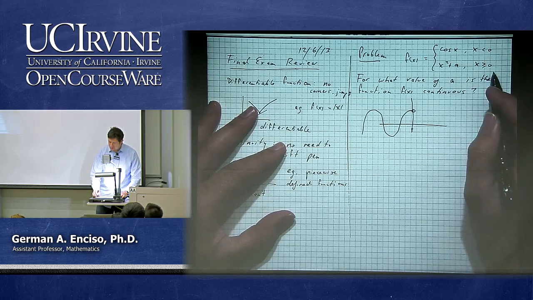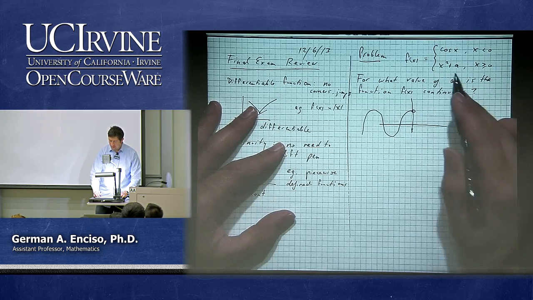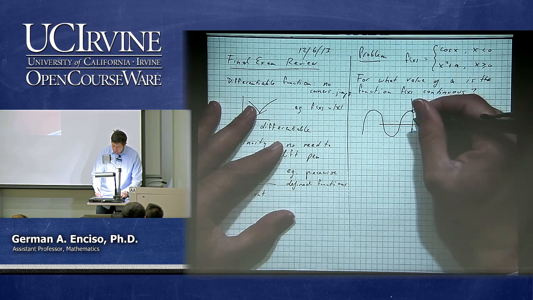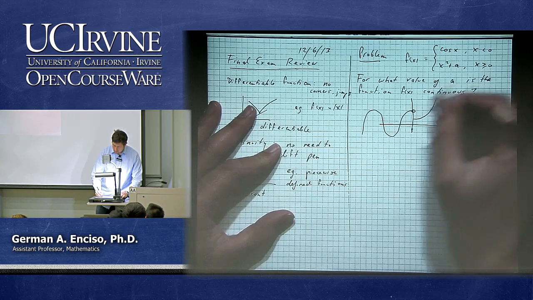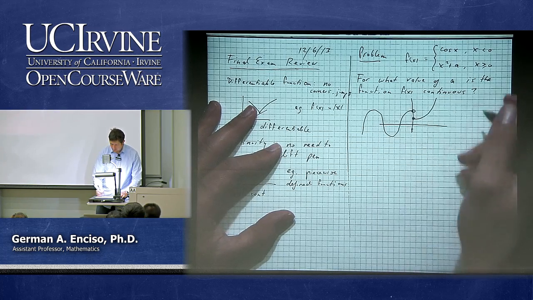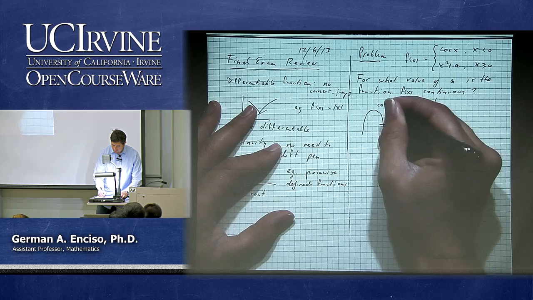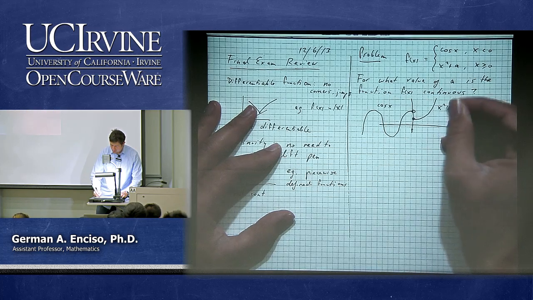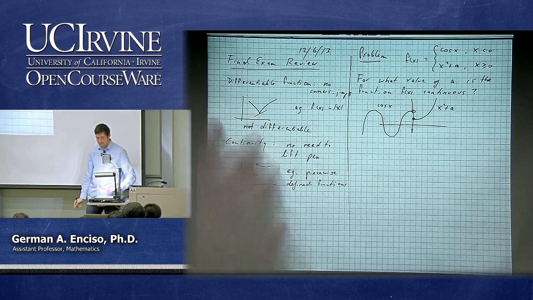For x bigger or equal than 0, the function is defined by the formula x squared plus a. So it's basically a parabola, and it has a full ball in here. So this is cosine x, and this is x squared plus a.